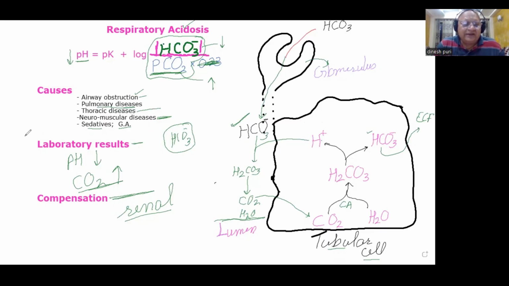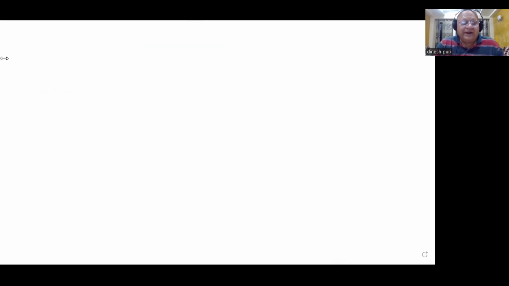So we can summarize that there are two ways in which kidneys participate. Kidneys elevate the bicarbonate concentration first by reabsorption: whatever bicarbonate is filtered is reabsorbed. And second is new bicarbonate generation. The first is also called reclamation, and the second is bicarbonate generation.